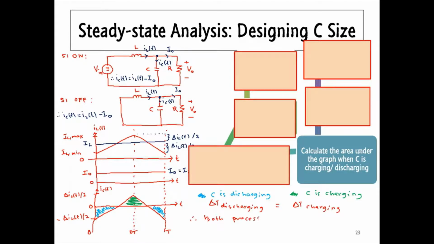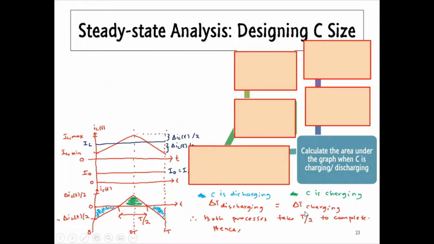According to the steady-state operation, the change of time of the discharging process is equal to the change of time of the charging process. Both processes take half a cycle to complete. Therefore, we can label the x-axis of the current waveform like this.